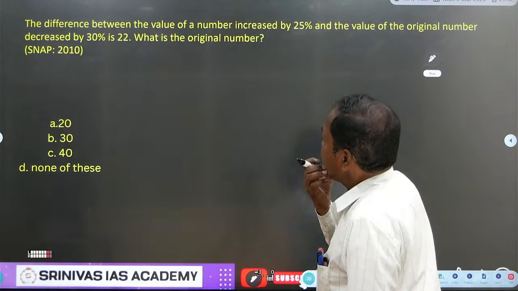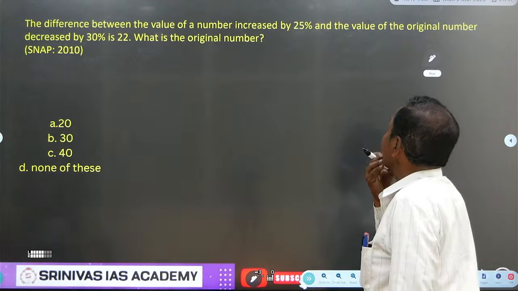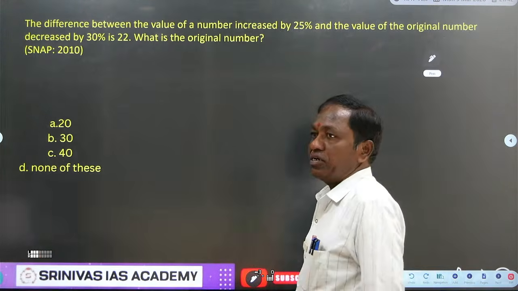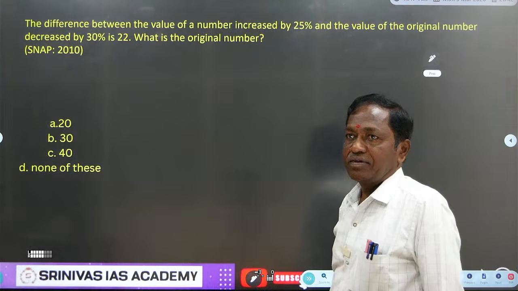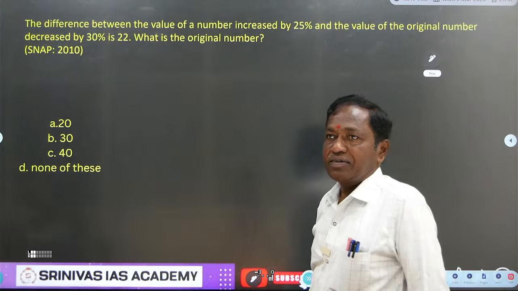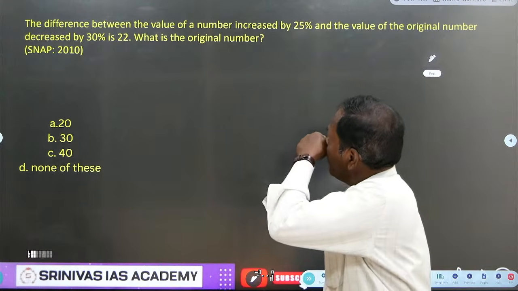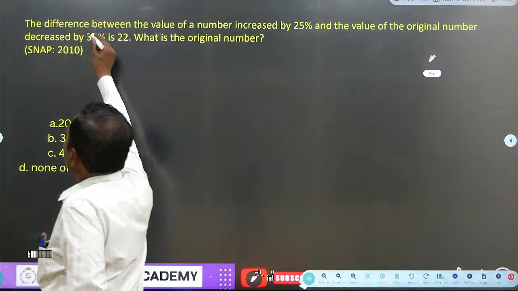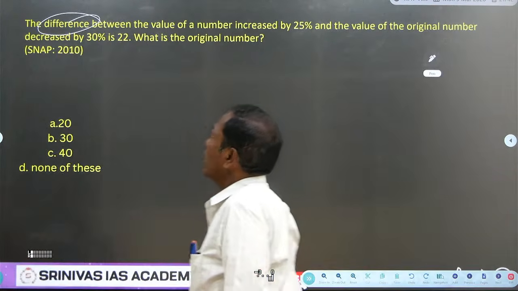Now, the difference between the value of a number increased by 20% and the value of the original number decreased by 30% is 22. What is the original number? When it says the word difference, there are 2 items provided in the question.